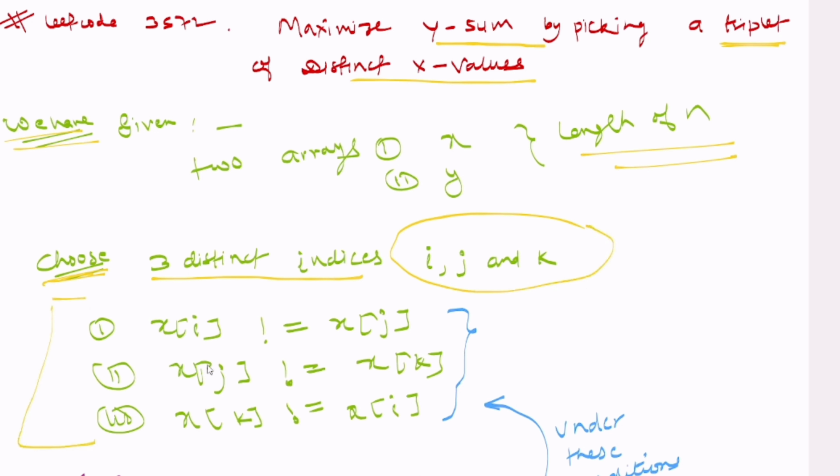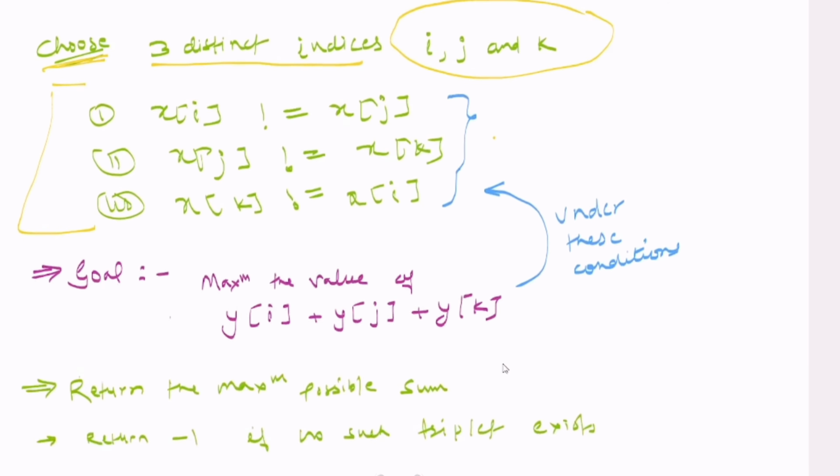So x at i should not equal x at j, x at j is not equal to x at k, and x at k should not be equal to x at i. This is the condition we have to follow.